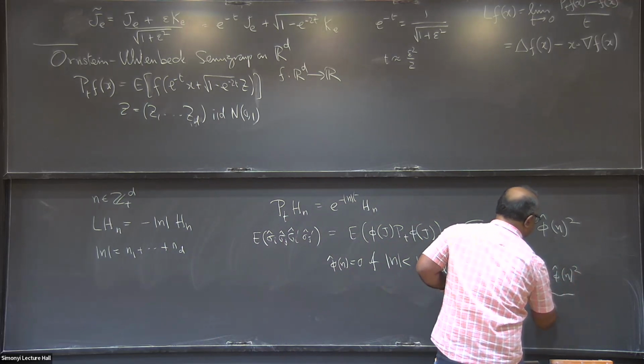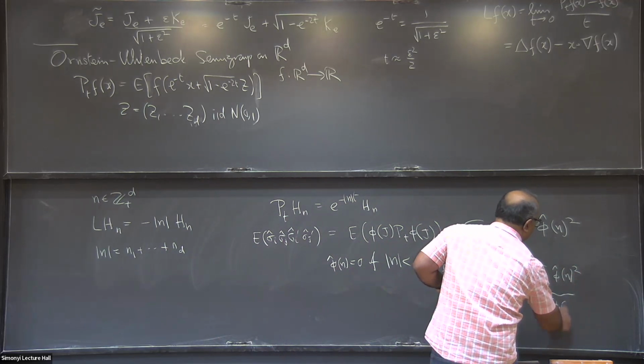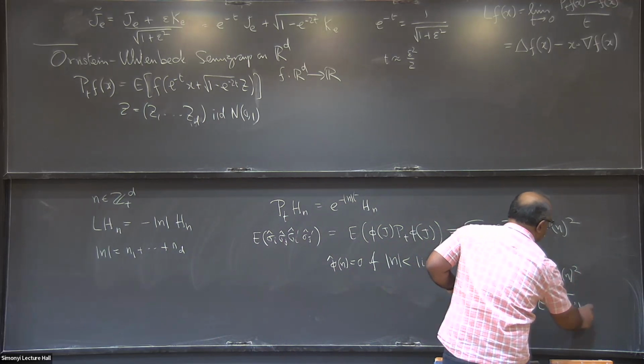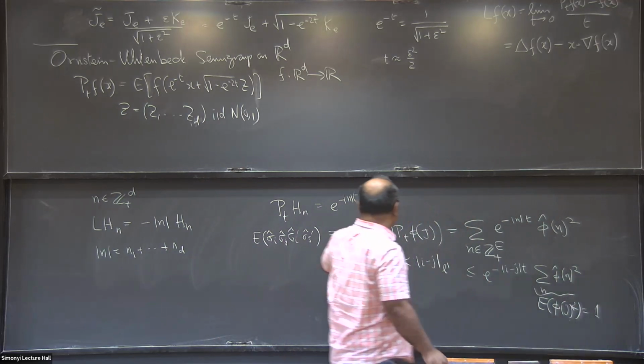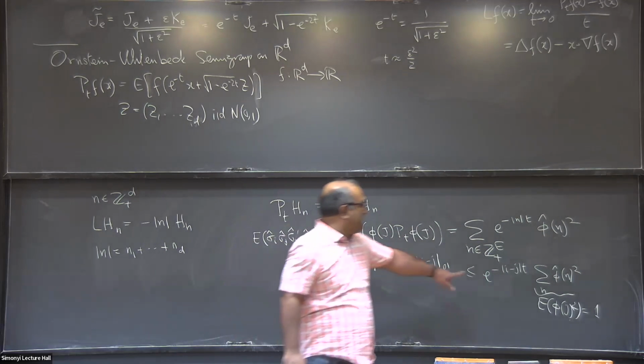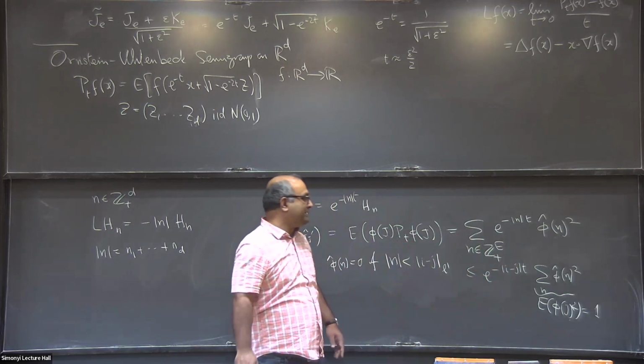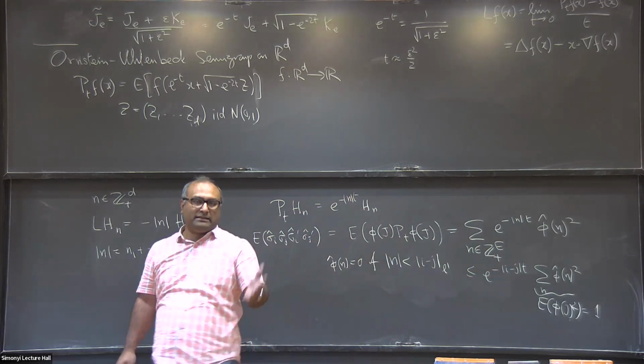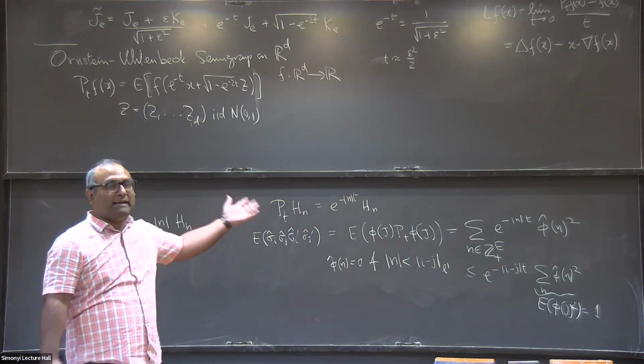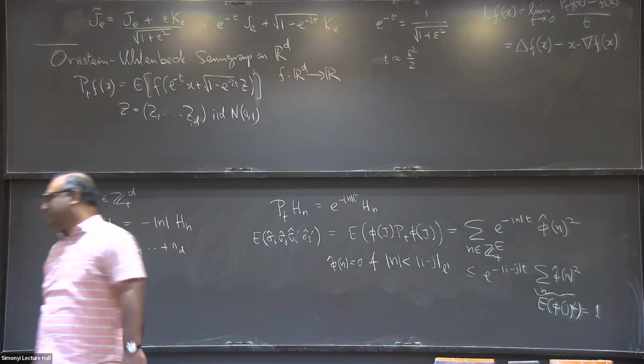And this thing is just the expectation of phi_j squared, which is 1. So you get that this product is less than e to the minus the distance between i and j times t, and t is epsilon squared. Okay, so that completes the proof.